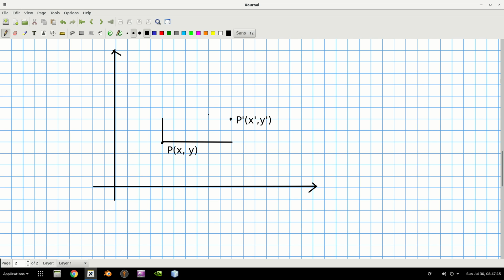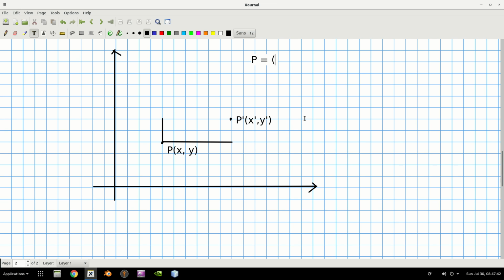10, 6, right? So this is easy. We already know that this is 4 units to the right, and you want to travel 6 more units. So 6 plus 4 is 10. And if you go towards the y-axis, you already traveled 4 units, so 2 more units, that's 6. So this is going to be the new location. What we know here, let me write it down.